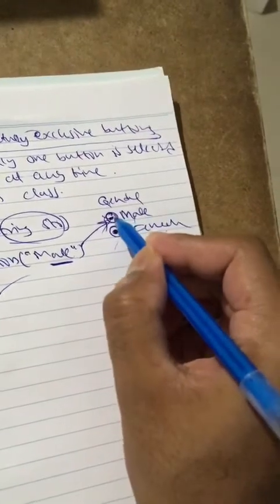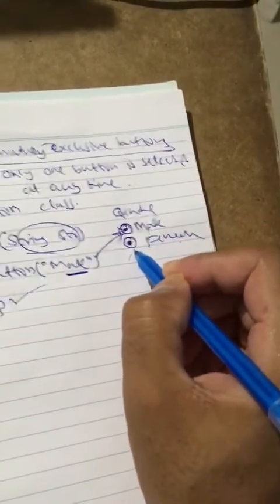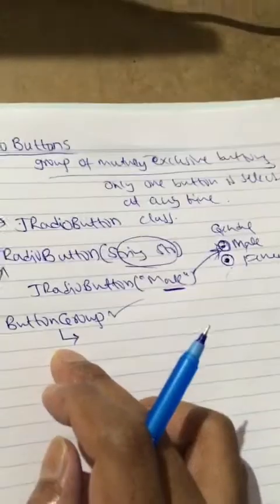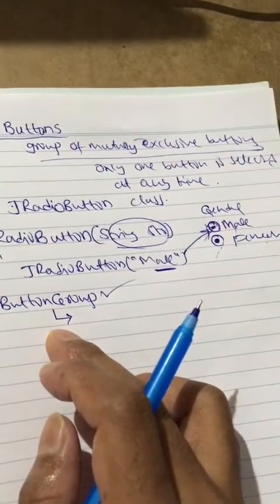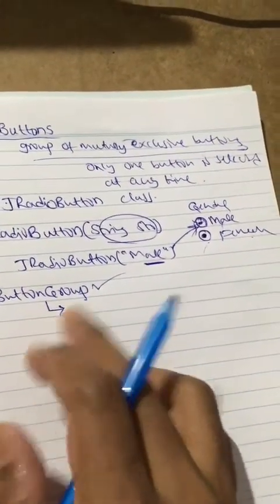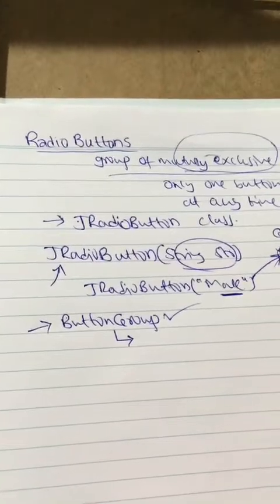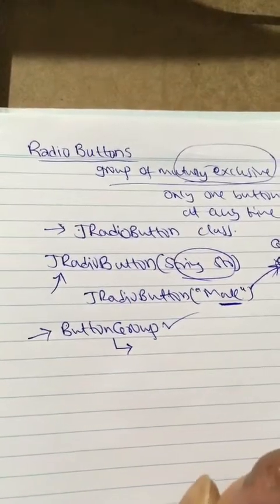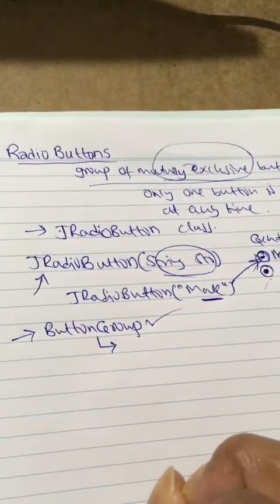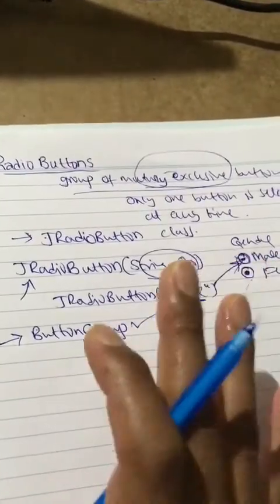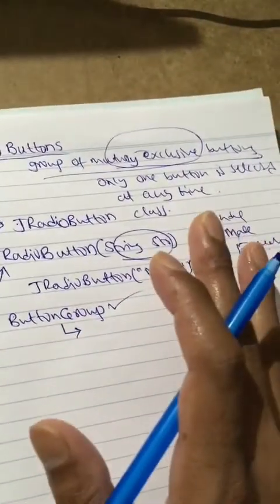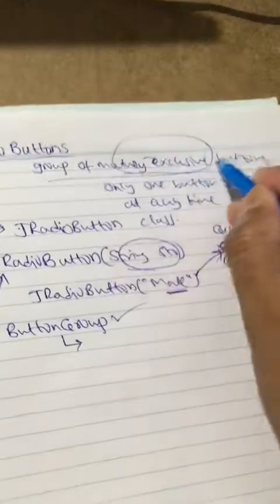If you select male, female is deselected. One button is deselected when you select the other button. This is the mutually exclusive nature: one is selected and the other is deselected automatically.